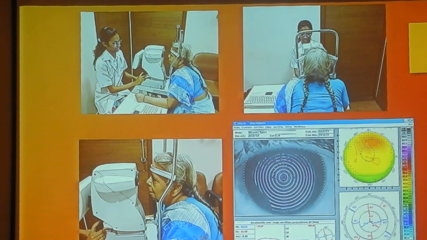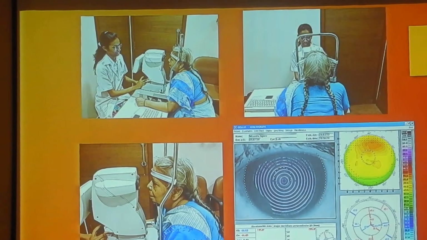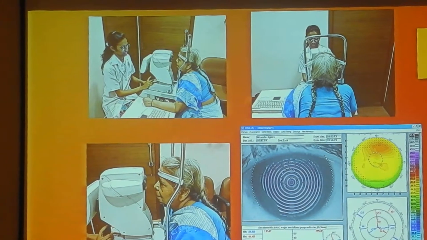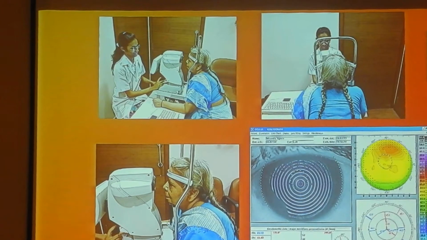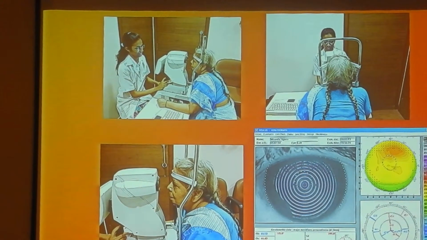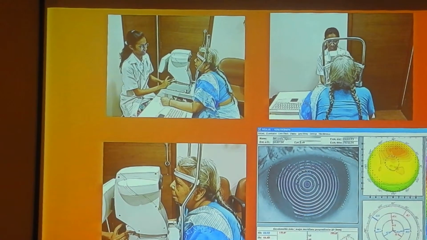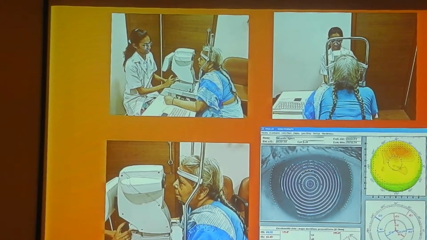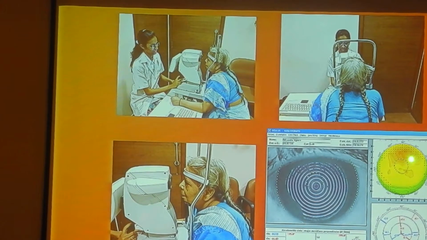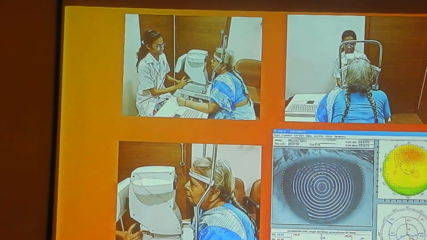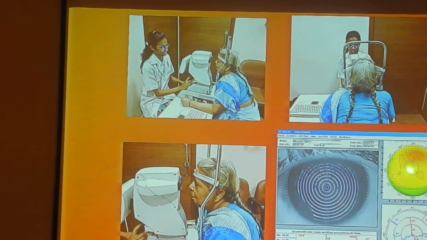You can be aligned in one eye, and because of a head tilt, you're not aligned in the other. Cyclotorsion compensates for head tilt, but not always in all patients. You can go wrong on the axis. So it's very important to see the alignment of the head from the back as well as from the sides. And see, this is what might happen in case the patient is not looking in the right direction. If the patient is looking up, this, instead of being here, will be shifted upwards.